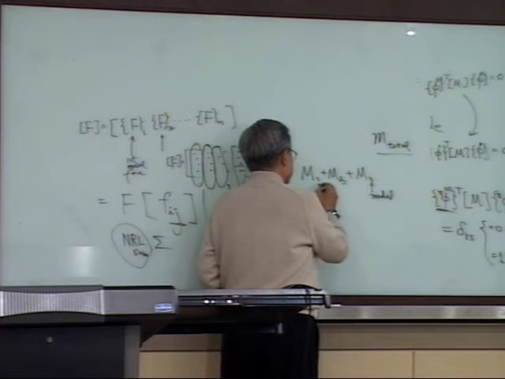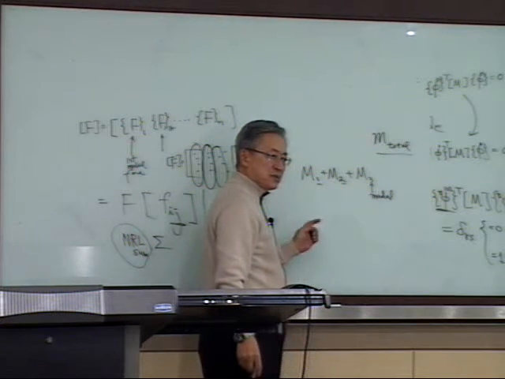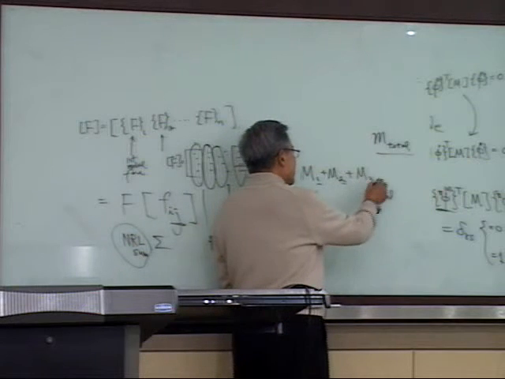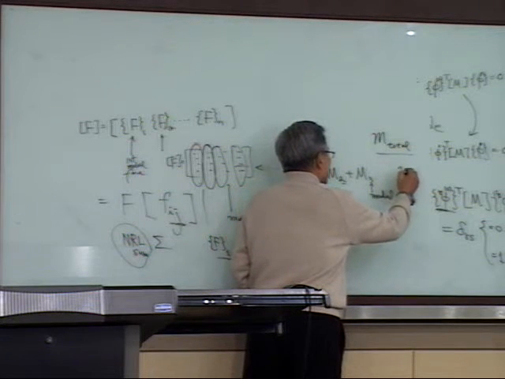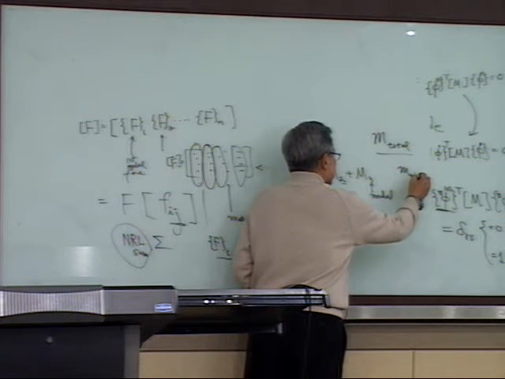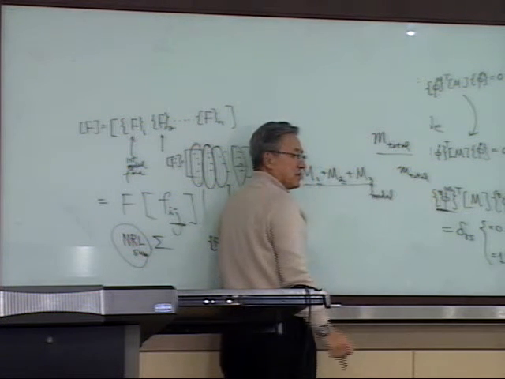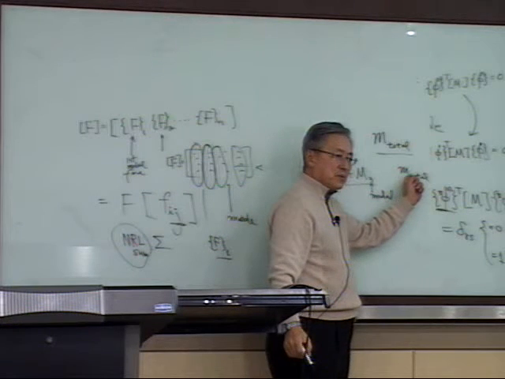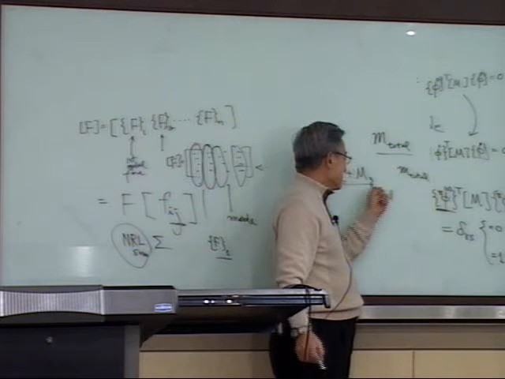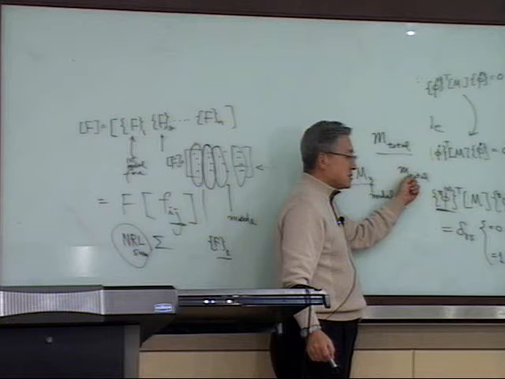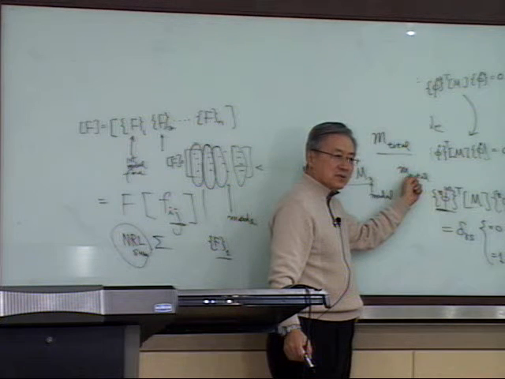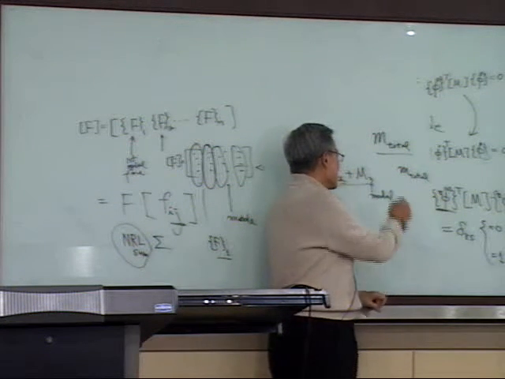Second modal mass. First modal mass. You compute that, right? You keep adding, compare with M total. When you add 3 modal mass, then compare with M total. When you add this, is it smaller than this? You have to add one more.